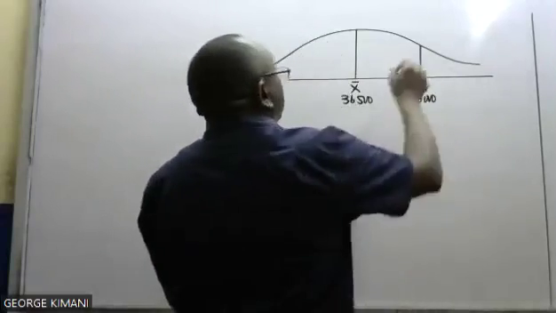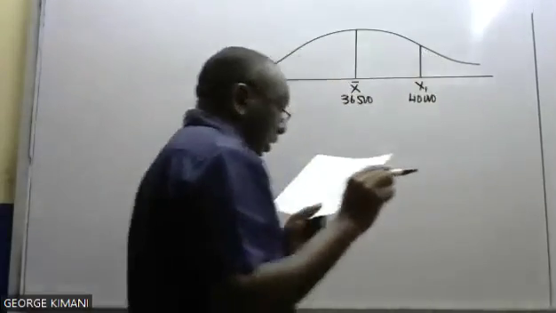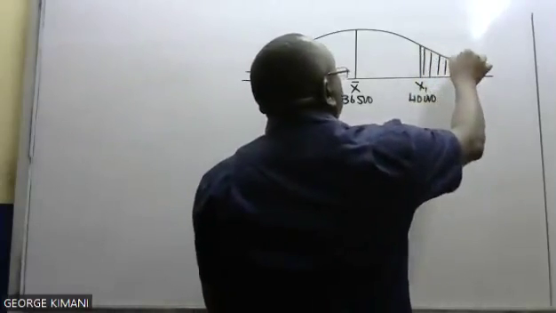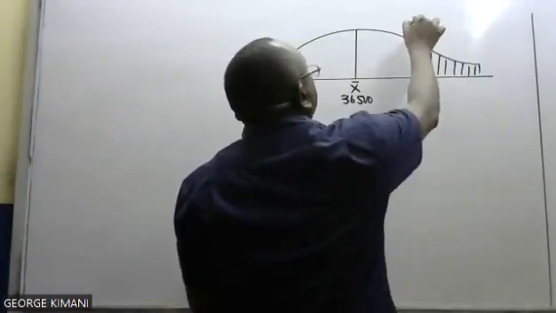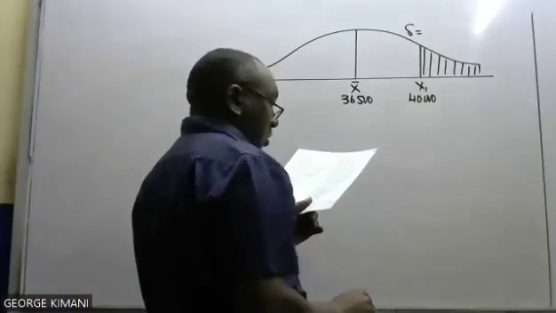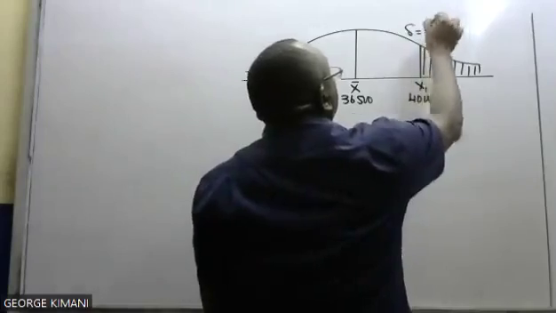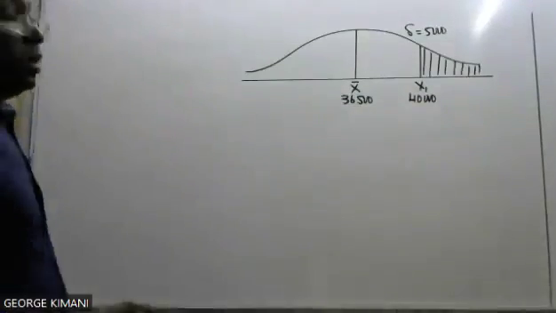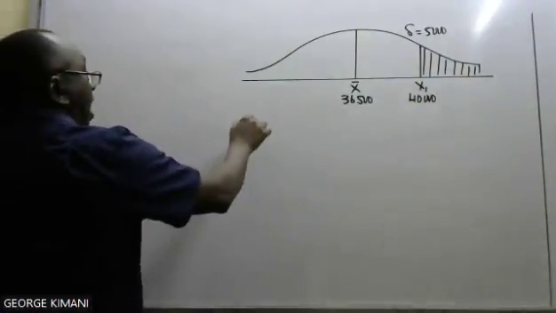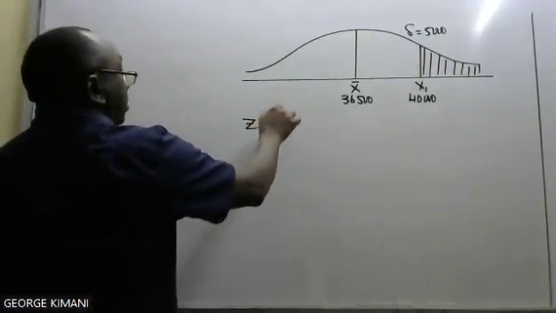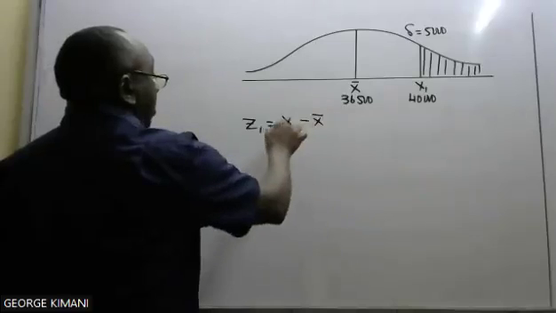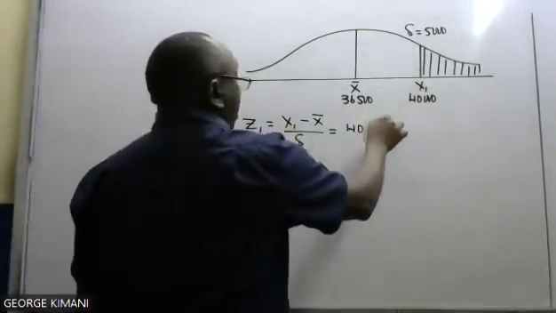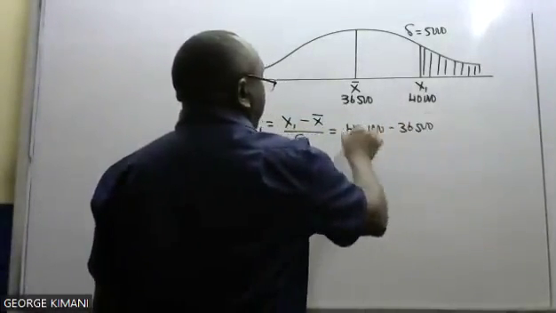We want the ones that can last more than 40,000, so we are looking for these. And the standard deviation is 5,000. So Z1 will be X1 minus X bar, you divide by standard deviation. This is 40,000 minus 36,500, that is 3,500.